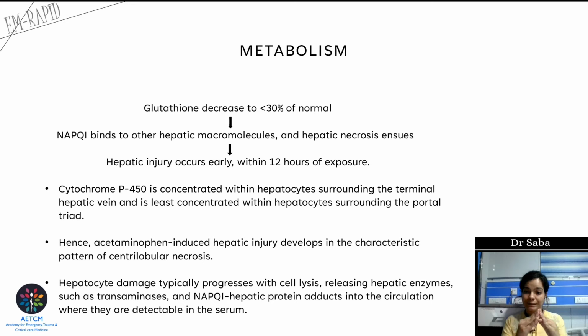So you will see centrilobular necrosis in paracetamol overdose. Now, hepatocyte damage will typically cause cell lysis that will release hepatic enzymes like SGOT, SGPT, and hepatic protein into the system, which will be detected.